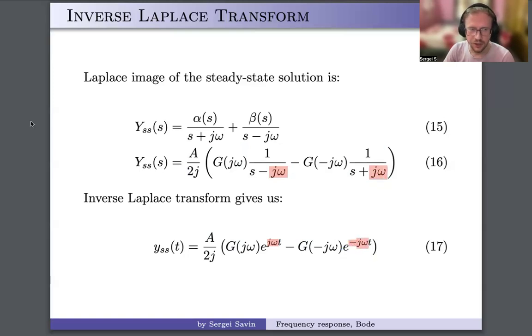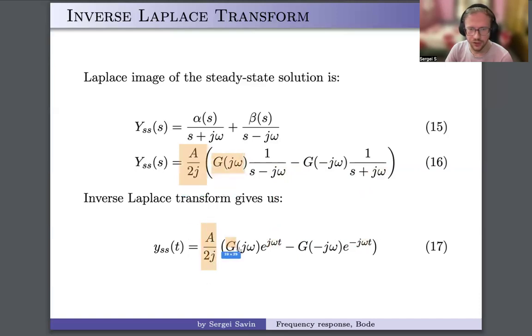Why is there a difference between the first and second? Because of the sign, right? If there's a minus sign here, you don't need to put a minus in front of the exponent. If there's a plus, you have to put a minus here. Everything else goes directly from the Laplace transform to the time domain without any change.